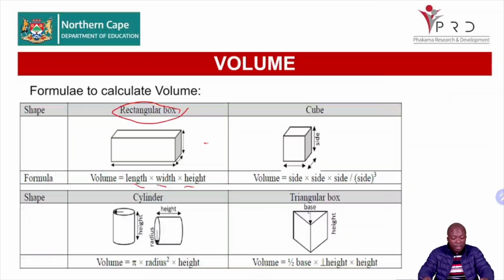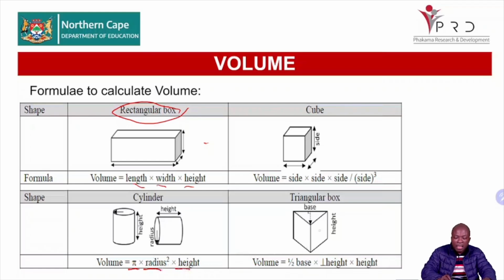If the shape is a cylinder, then we have volume equals pi r squared times height. In the examination, the examiner will definitely give you the formula, so yours is to convert and ensure that all the values you are dealing with are in the same unit. After that, you just substitute, convert to the way the examiner wants, and then you get marks.